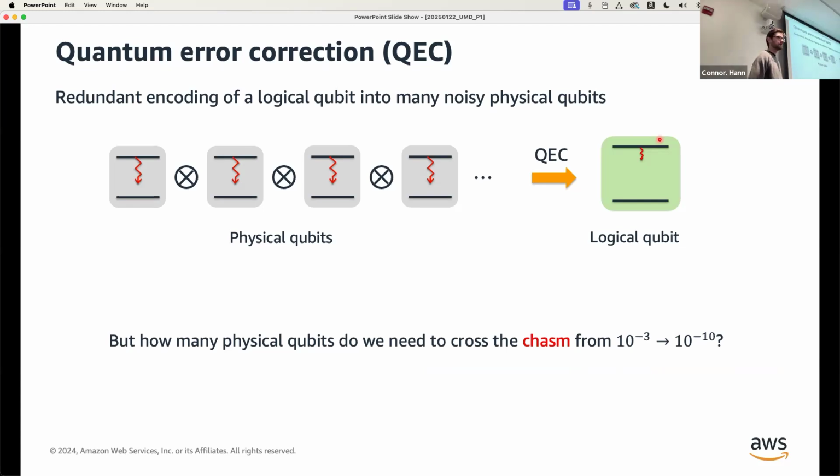And practically speaking, I think the important question to keep in mind as we think about doing that is exactly how many physical qubits we're going to need in order to construct a good logical qubit. Many experts would agree that the answer is we're going to need a lot of physical qubits to build a good logical qubit. And that makes this, even with these recent experimental demonstrations, still a daunting prospect.